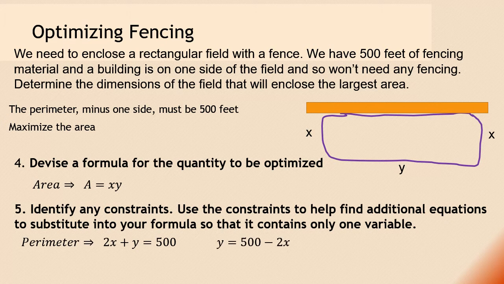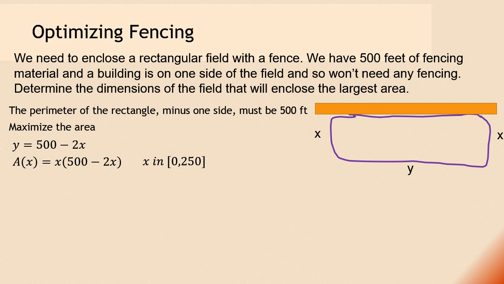If we solve that for y, we'll get a value which represents our constraints, and then we can plug that into the area, which very conveniently gives us a formula for area that just has one variable. Also, we know that x can't be any less than 0, shouldn't even be 0, and it can't be any greater than 250, otherwise this situation is not going to work.